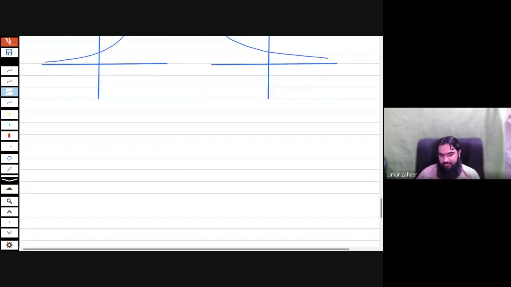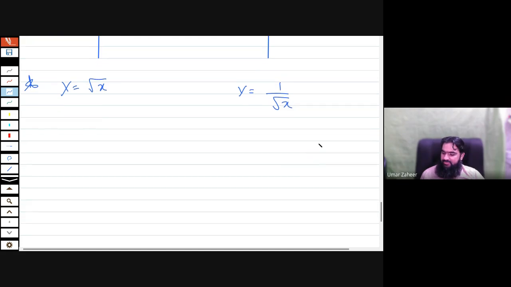Okay, let's talk about one more graph, in which you have y is equal to the square root of x and y is equal to 1 divided by the square root of x.